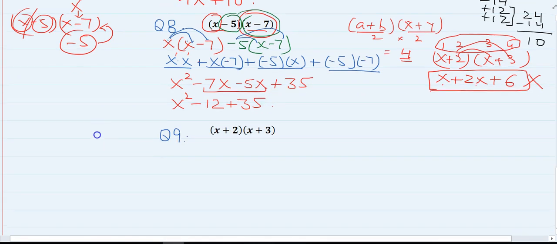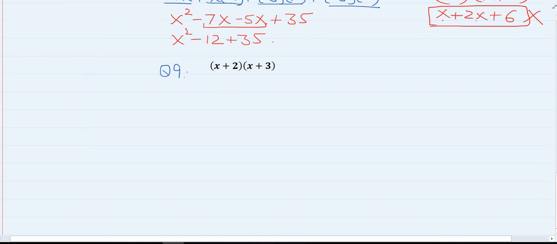Now let's move to the last question, that is x plus 2 multiply x plus 3. In the same way, we are going to split it and multiply it by x plus 3. First we multiply x by x plus 3. So it is x multiply x plus 3.